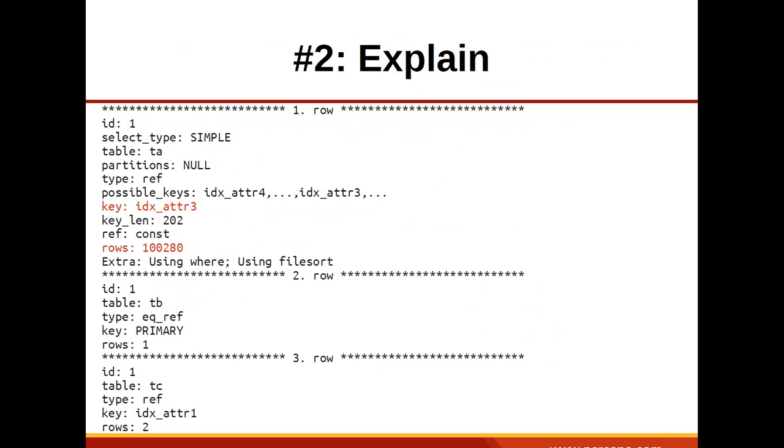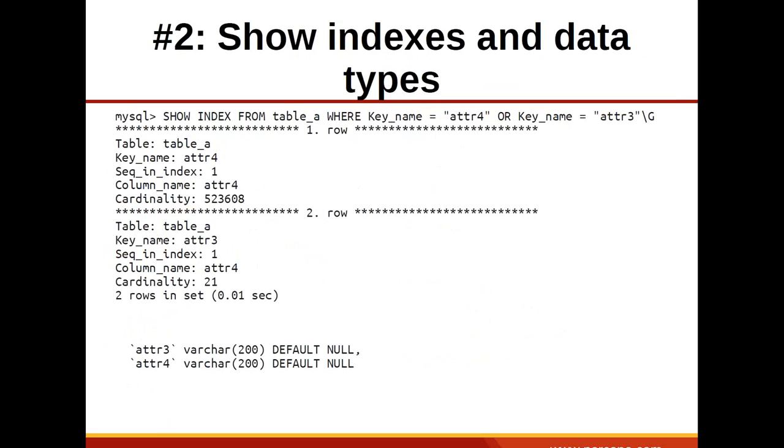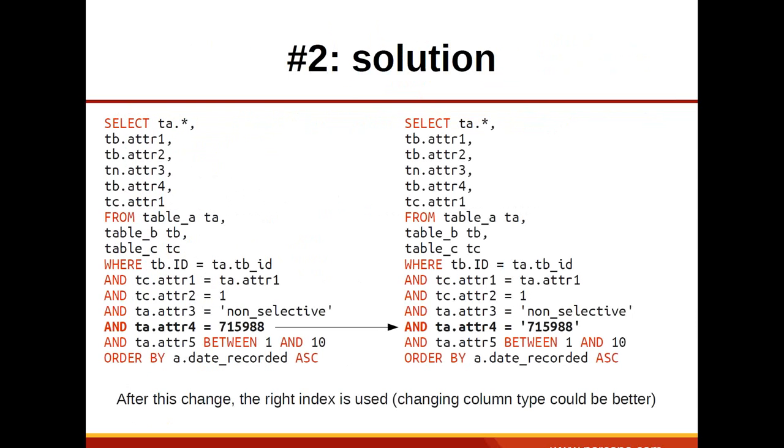And if you are not quoting strings, it can be an issue. So if we change the query to this, which is the same query but with this value quoted, after this change the right index is used.